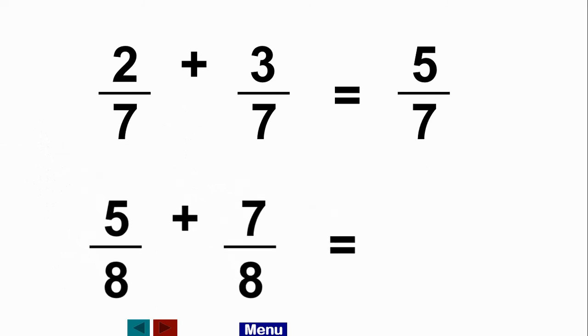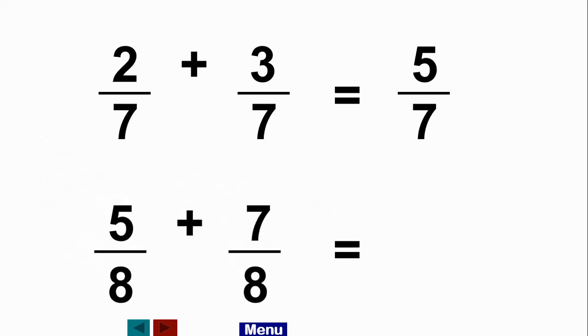This time round, we're going to have 5/8 plus 7/8. So following the same pattern that I have from the top one, the bottom number is going to be 8, and the top number is going to be 5 add 7, which makes 12.